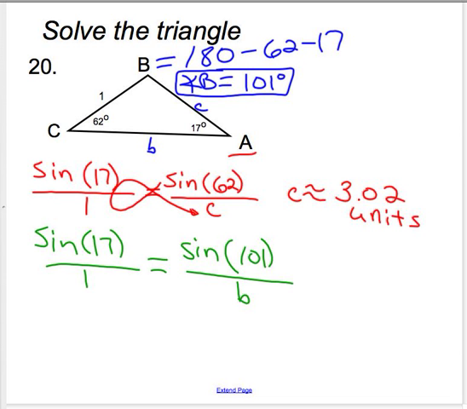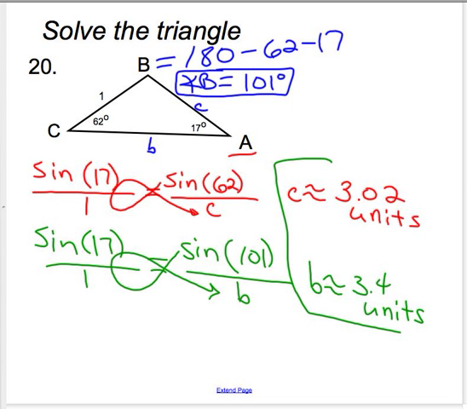Again, I can cross multiply and divide. Sine of 101 divided by 1 times the sine of 17. And I got B. Side B is approximately 3.4 units. And between the two side lengths and the angle, I have solved the triangle. I found all the missing pieces.